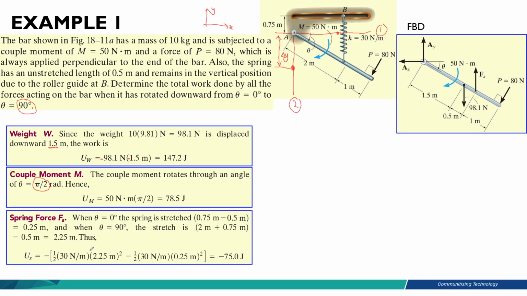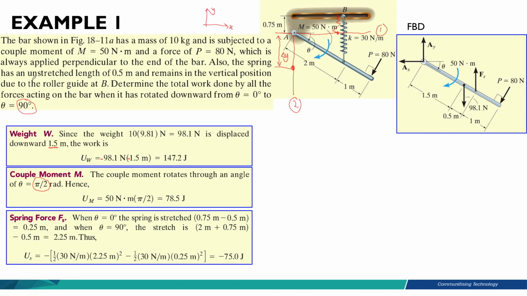Next is the work done by the spring force. Initially at theta equals 0, the length of the spring at this position is 0.75 at position 1.